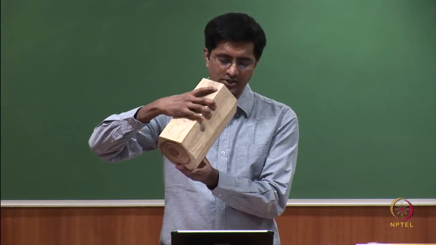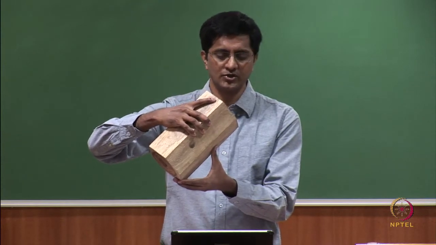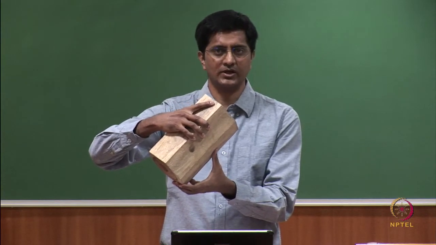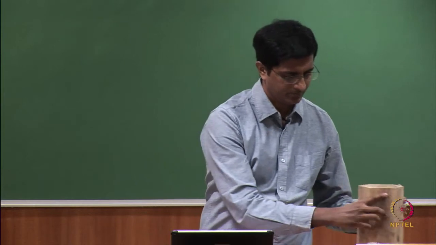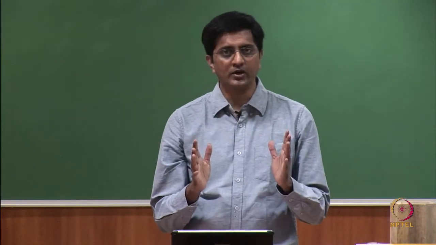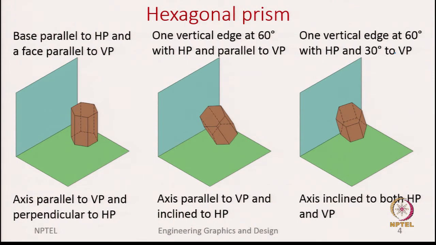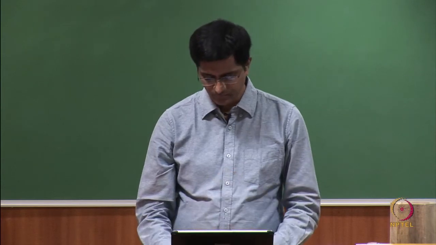In the last orientation we are saying that it is inclined at so and so with the horizontal plane as well as with the vertical plane. Okay. I hope now the visualization is clear about this hexagonal prism in the three different orientations, because in the next slide we will be looking at the projection of this prism in these three orientations.